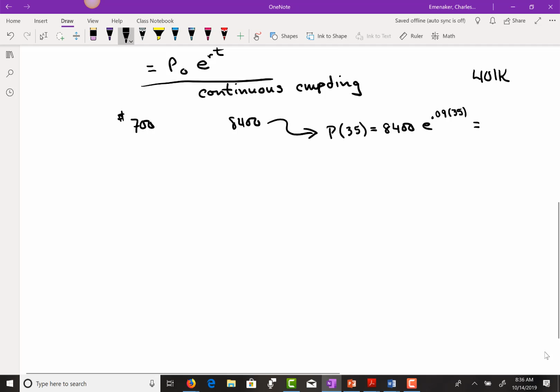Over that period of time, I know some years the stock market goes down and some years it goes crazy, but it averages out to about 9-10%. So let's see here. 8,400 times e raised to the 0.09 times 35, boom, equals.